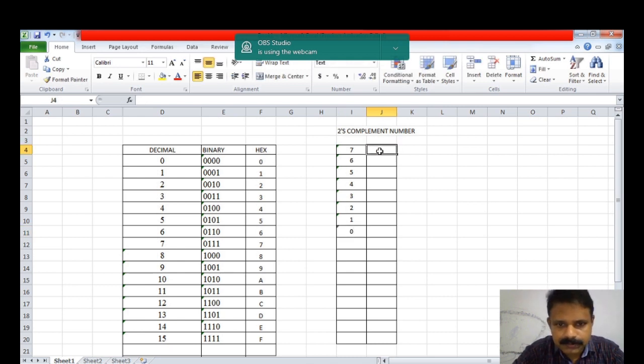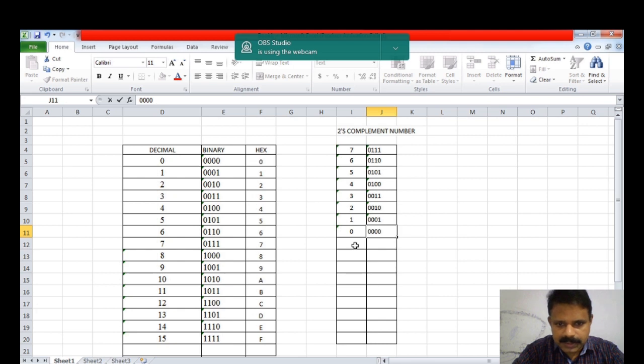The patterns will be 0111, 0 is used for sign bit and the remaining bits are used to represent the magnitude. 0110, 0101, 0100, 0011, 0010, 0001, 0000.